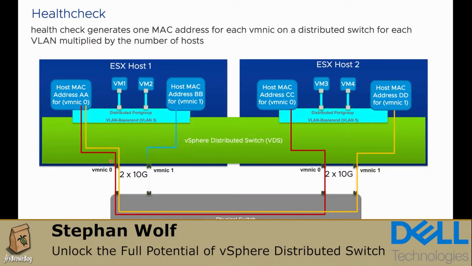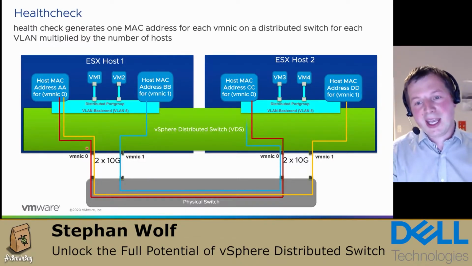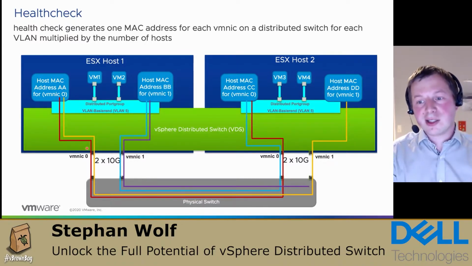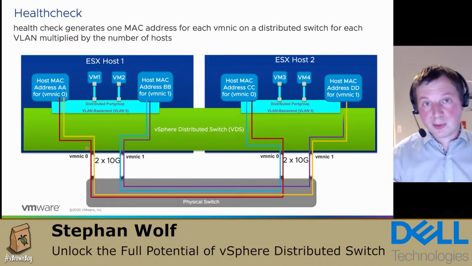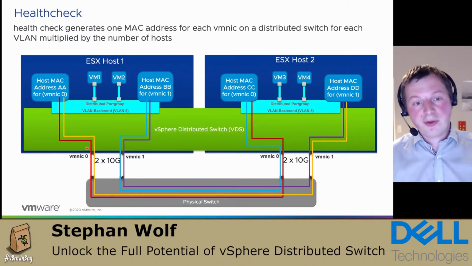Then we send from the second NIC on the first host to the first NIC on the second host. After that, we send from the second NIC on the first host to the second NIC on the second host. And we do this vice versa. That way we can probe these packets back from every host over every NIC over every VLAN, and so we can find out on which port of the switch a VLAN is eventually missing.